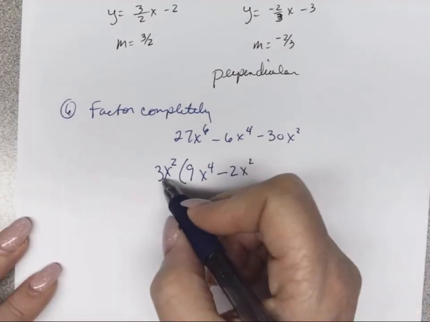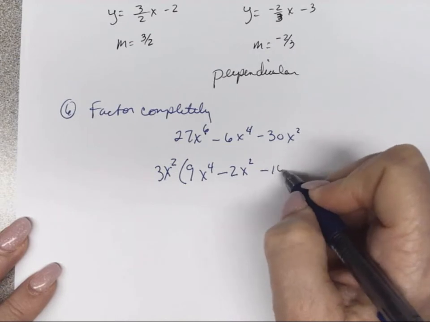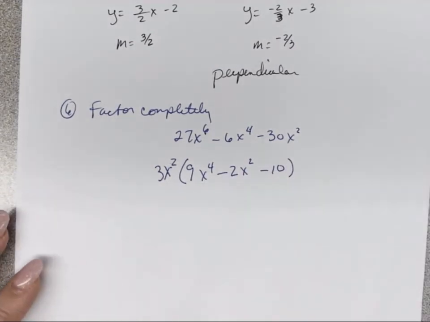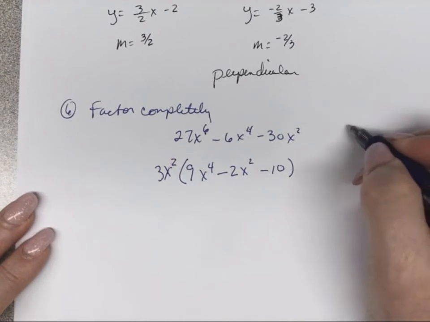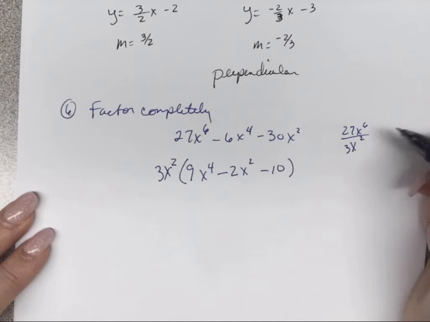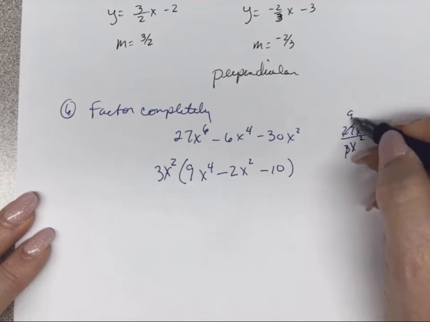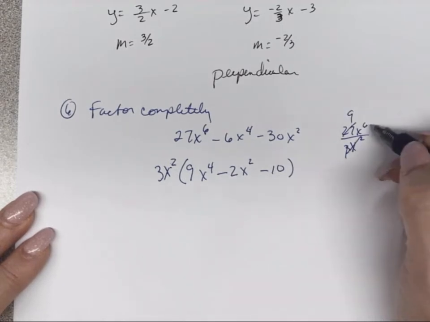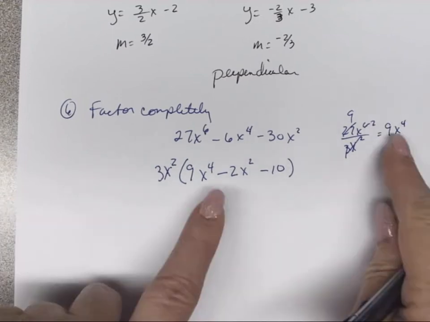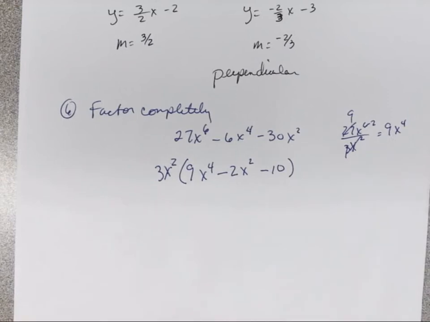Negative 30 divided by 3 would get me negative 10, and the x squareds would cancel. And if you're not sure, you can always write that off to the side. So you can do 27x to the 6 divided by 3x squared. 3 goes into 27 9 times. Bring up the 2, so we would subtract, so you would end up with 9x to the 4th. So you can always do off to the side if you need to.